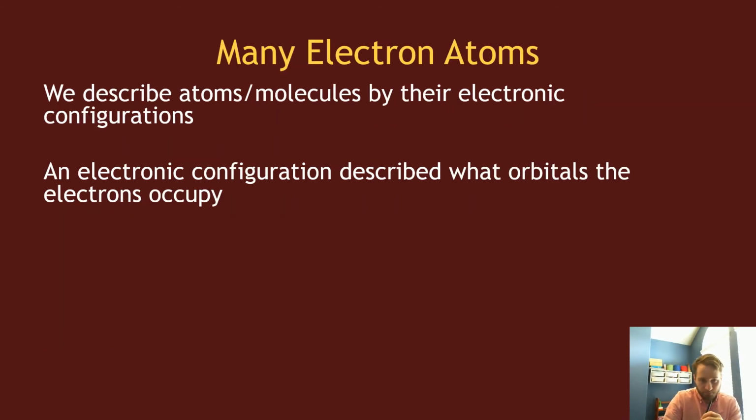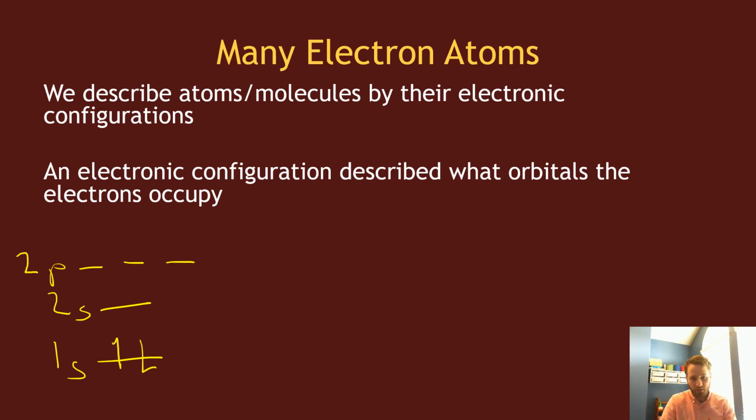All right. So often we talk about many-electron atoms and molecules in terms of their electron configuration. The electron configuration is just describing what orbitals electrons are occupying. We'll give different MO diagrams, but we can talk about the 1s orbital, 2s orbital, the 2p orbital, and so on and so forth. The electron configuration is saying that I have this number of electrons.